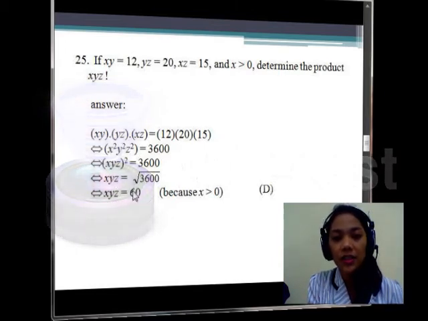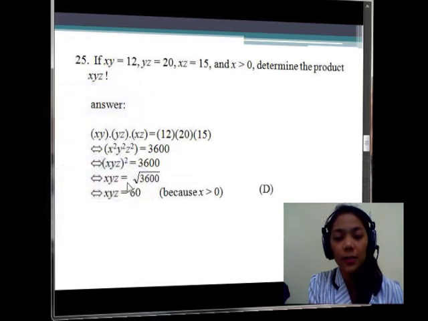So since all the variables are raised to the power of 2, just simply get the square root of 3600 now. So that's why xyz equals 60. So that's why the answer is letter D.